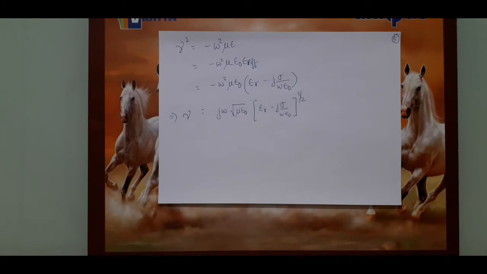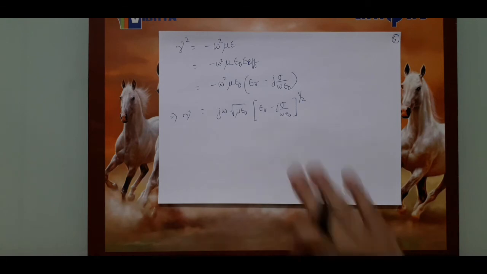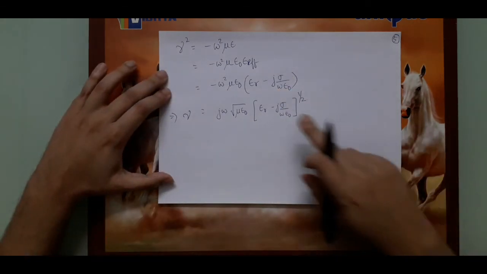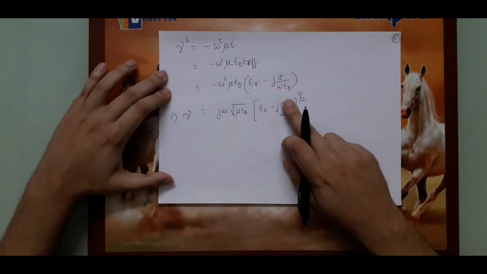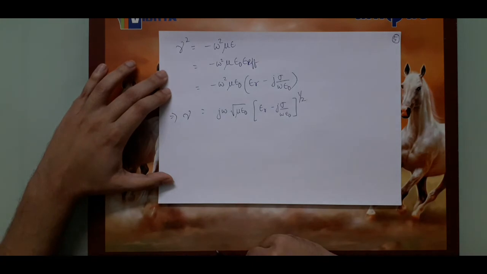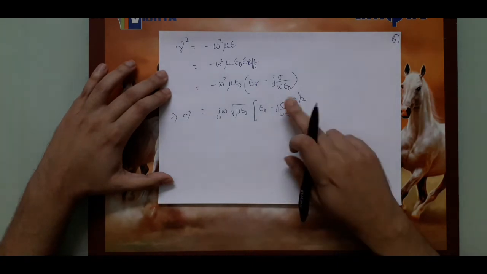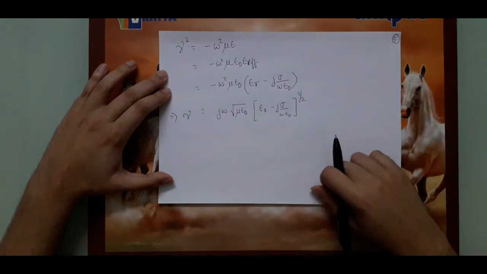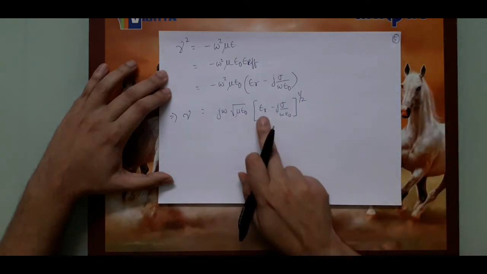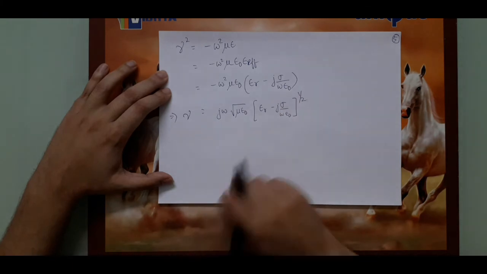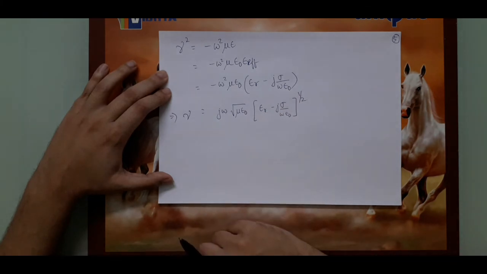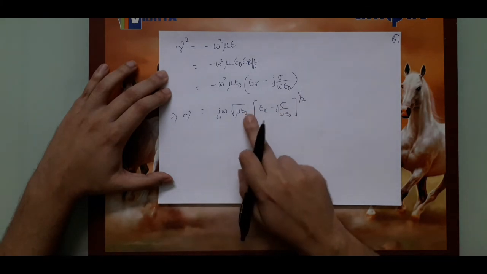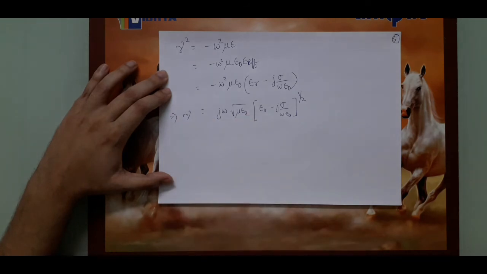What we can see from here is that if sigma becomes very low, this term essentially disappears, and the quantity inside the bracket becomes only root of epsilon r, and then this approaches j beta.